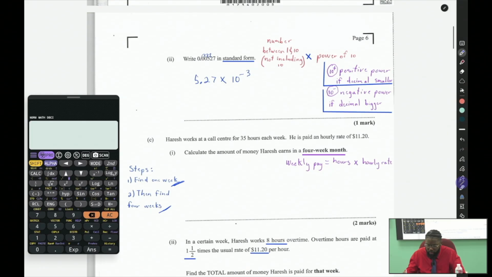So it was told to us that Haresh works for 35 hours each week and is paid an hourly rate of $11.20. So to do that now, we'd multiply 35 by $11.20. So we multiply the hours times the hourly rate.